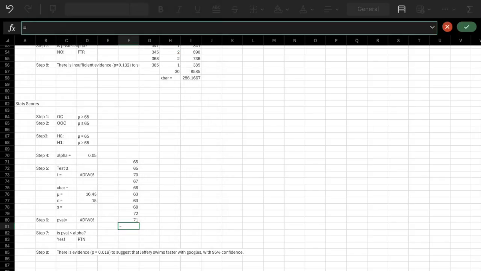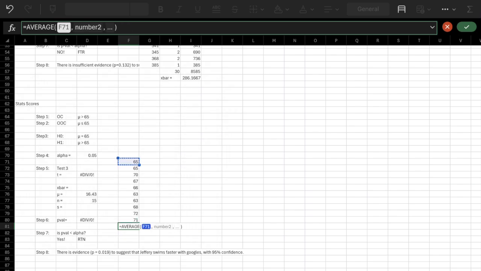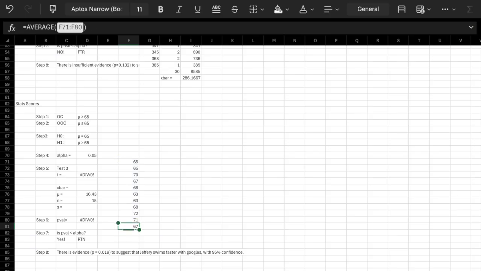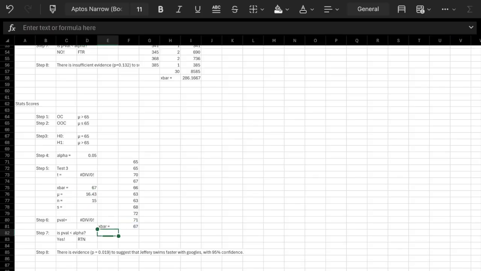Oh, there's no mean. Average. Boom. Enter. 67 is the average. All right, so I'm going to say x bar equals right there, my average. X bar equals that.